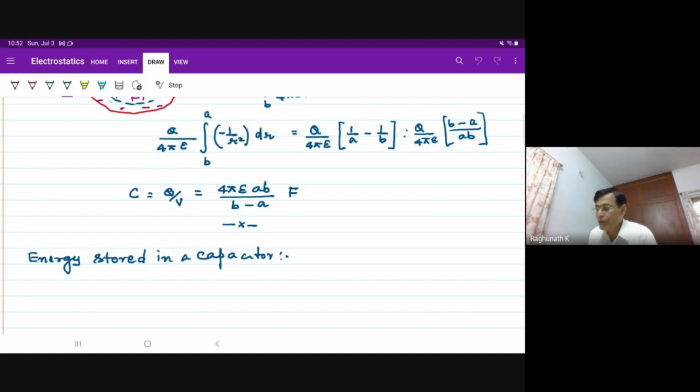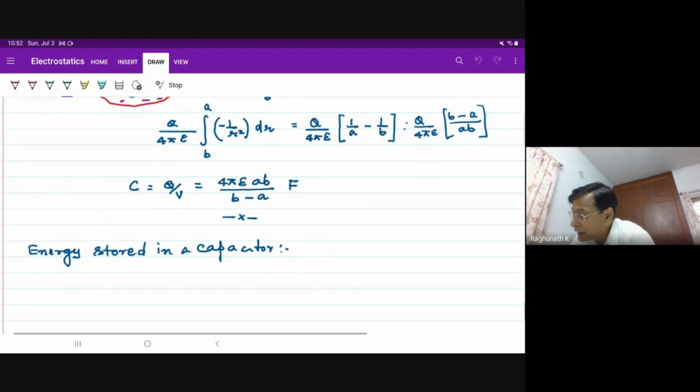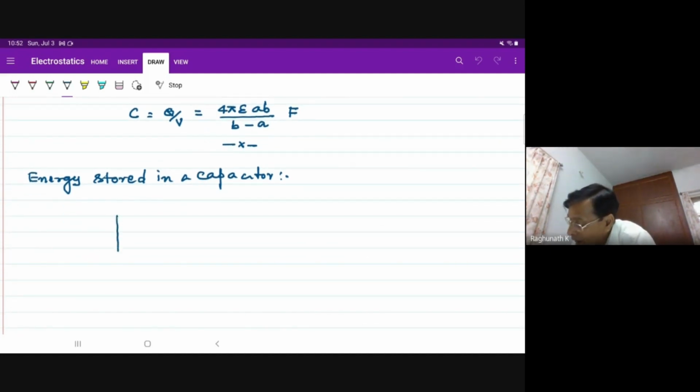Now, once a capacitor, in general, I will just talk about a parallel plate capacitor only, is charged like this, and the capacitor is open circuited.